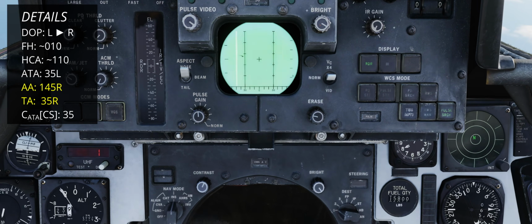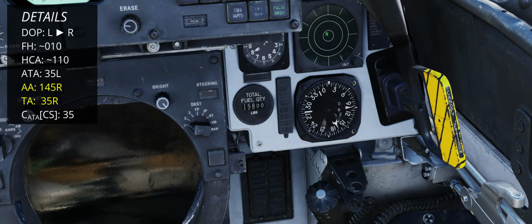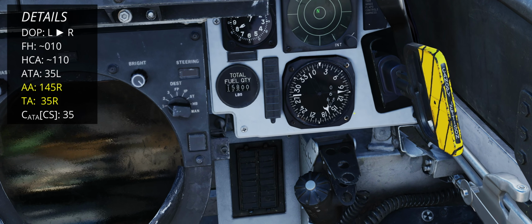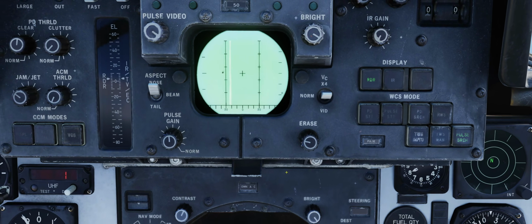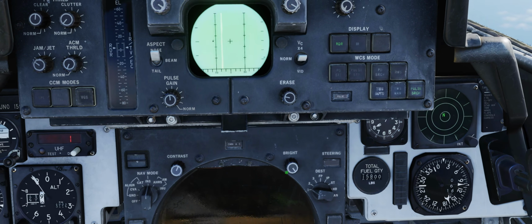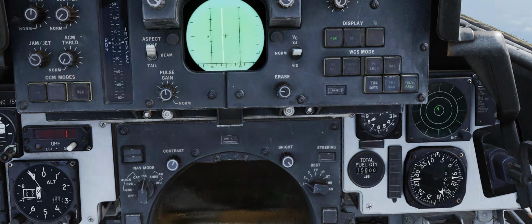With Iceman steady at 010, ATA 35 and AA about 145, that's better. The drift was still present and visible, a combination of imperfect angles and speed difference. At 25 miles more or less, I turned port to reduce ATA to 30.